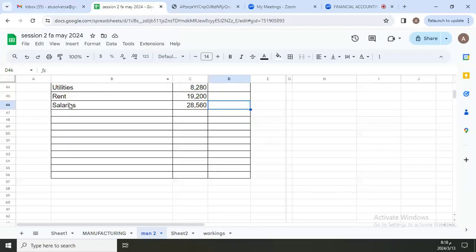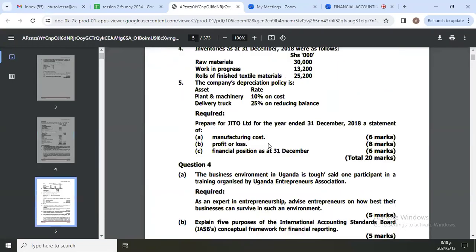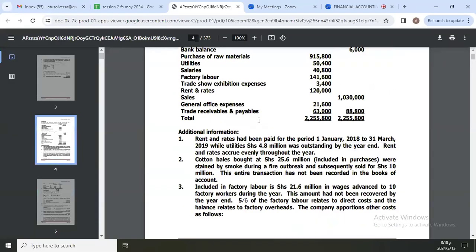We come here, we write depreciation of delivery truck. So you come and see the question is telling us that we will depreciate it at reducing balance of 25%.